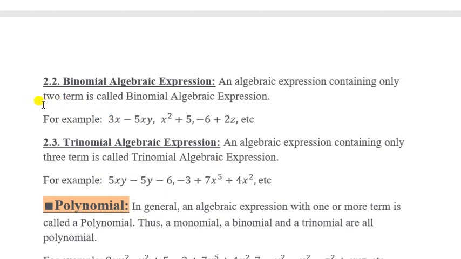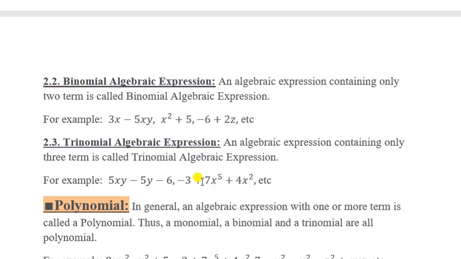When any algebraic expression contains only two terms, then we'll get a binomial algebraic expression. See, for example, 3x minus 5xy, two terms: one is 3x, another one is minus 5xy. Similarly here also two terms, x square and plus 5. Here also two terms, minus 6 one term and plus 2z another term. So these all are binomial algebraic expressions.